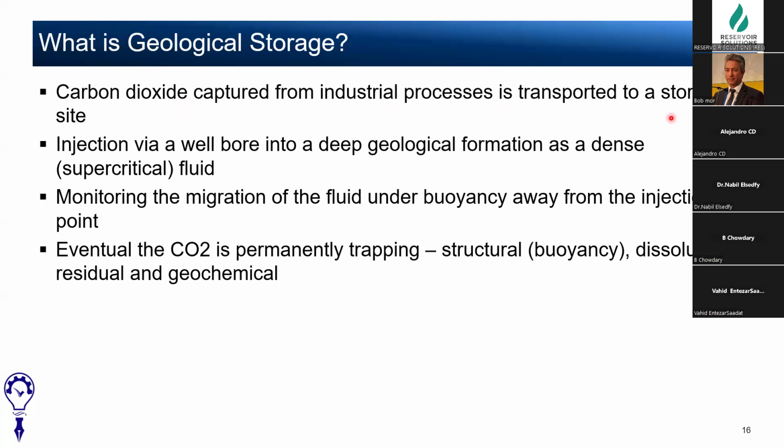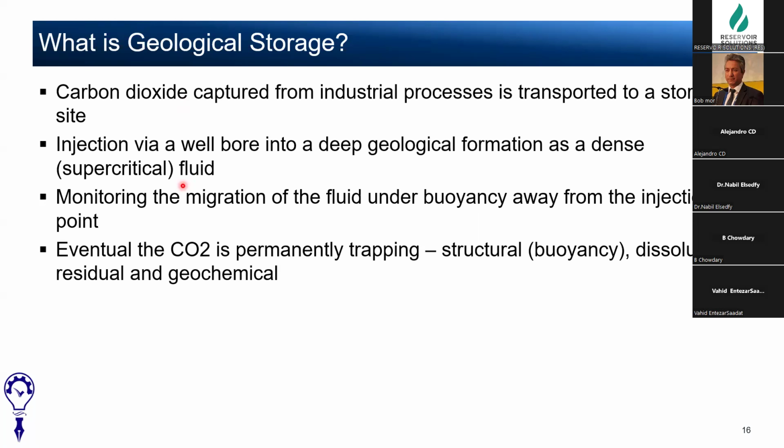When we reach the storage site, we need an injection well to inject the CO2 into the subsurface. So we inject via a wellbore into a deep geological formation, and CO2 will be in a dense or supercritical fluid state, which we will talk about later.